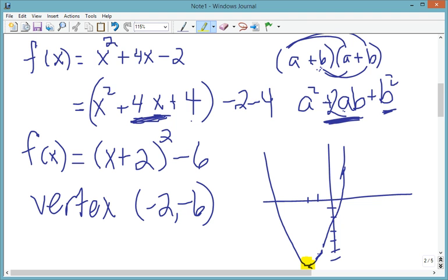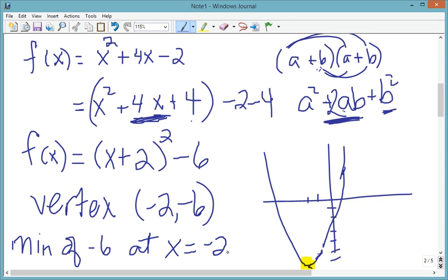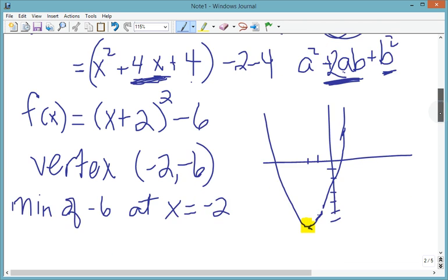So in this particular function, we have a minimum of -6 that occurs at -2. And we could easily, to make it clearer, we could say it occurs at x equals -2. Just to be clear that it's the x value that we're talking about when we say where something occurs.